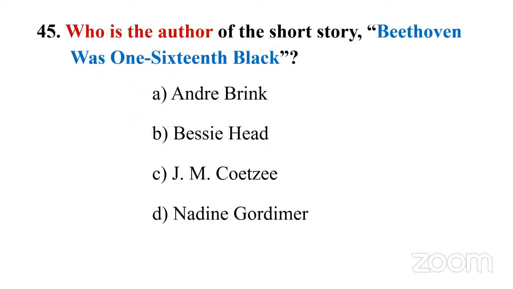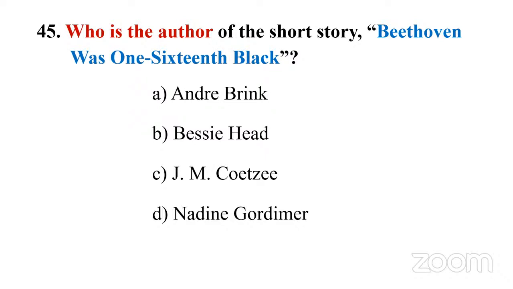We have come to the last question of today's class. Who is the author of the short story Beethoven Was 1/16th Black? As I told you before, look at the questions given. We get questions from French literature, American literature, contemporary British literature, Spanish and German literature, and this time from South African.